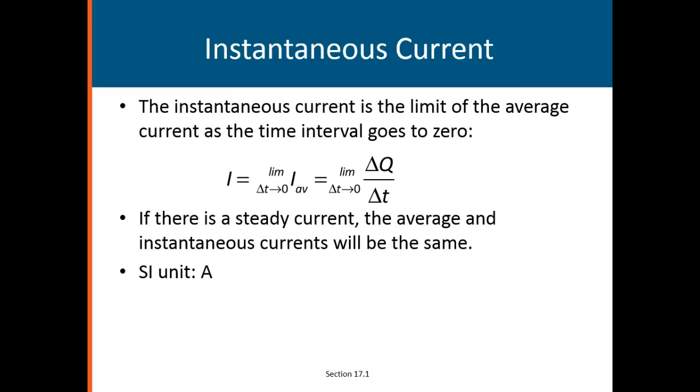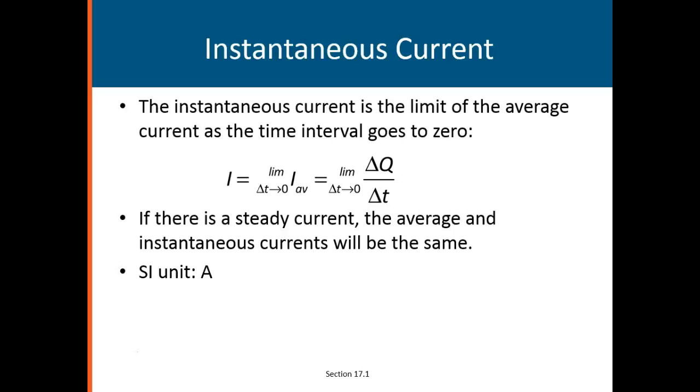Now, instantaneous current is the limit of that average current as the time interval goes to 0. That's nothing new for you, is it? You were all in 201 or you're in it now, and when you did instantaneous velocity, it was the limit of change of position over change of time as the change of time went to 0.